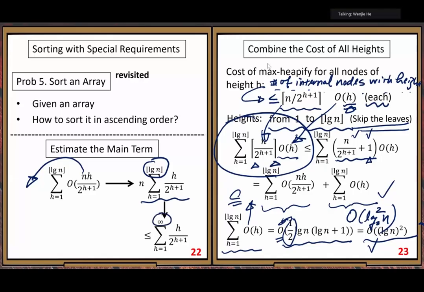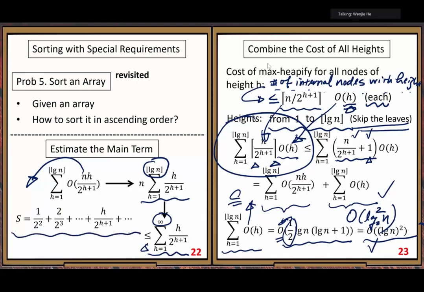Here you can see we are very generous, because we just look at the infinite summation. It will be larger, so we allow some more terms here. So let's estimate this infinite summation. That means we need to calculate this expression.